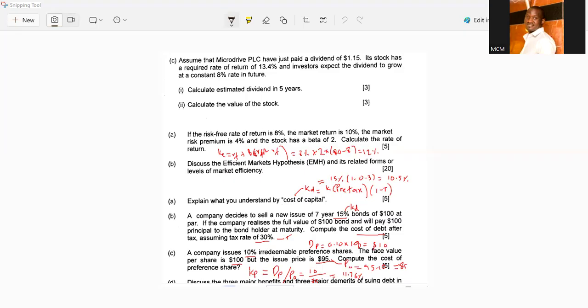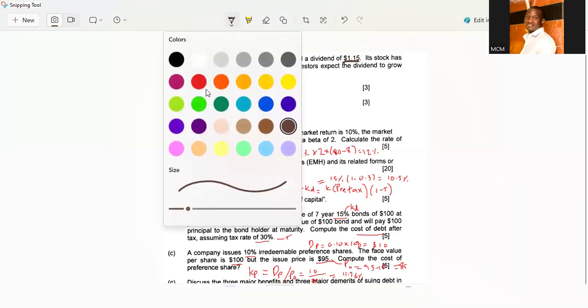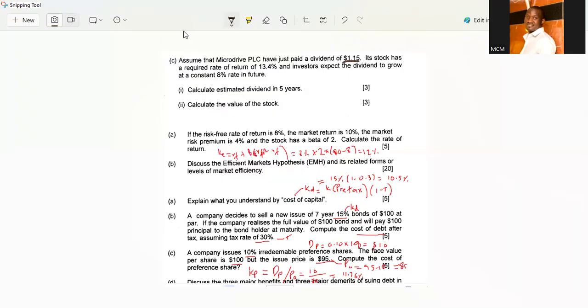So what are we given in the question? Is the dividend D0 or D1? When you hear that it has just paid, that is D0. So D0 here is 1.15. What else are we given?